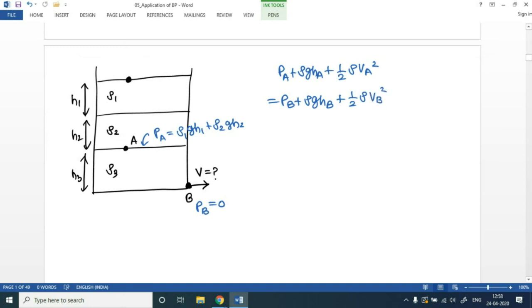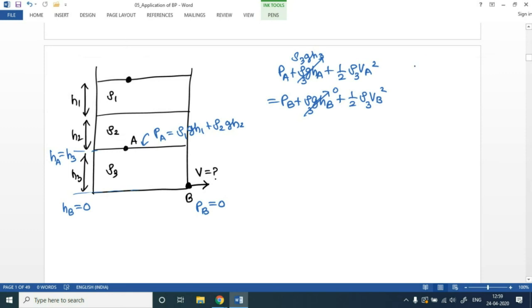You must realize that we are working in the liquid of density rho 3, so this rho is going to be rho 3 everywhere. If we choose that level as a reference, hB is equal to 0, and hA will be equal to h3 over here. So this term will be 0, and this term here is going to be rho 3 g h3.